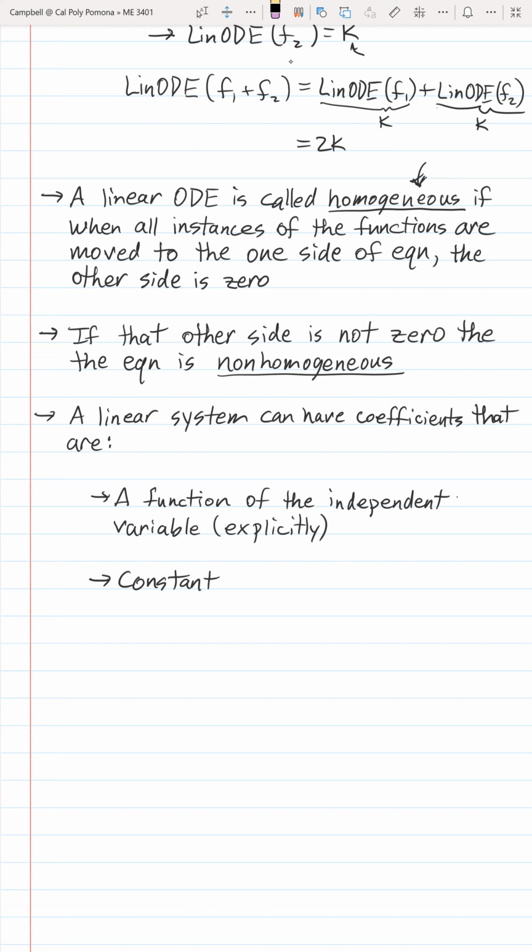So since we wouldn't have to write the independent variable in that particular case, we'll just call that a constant coefficient.